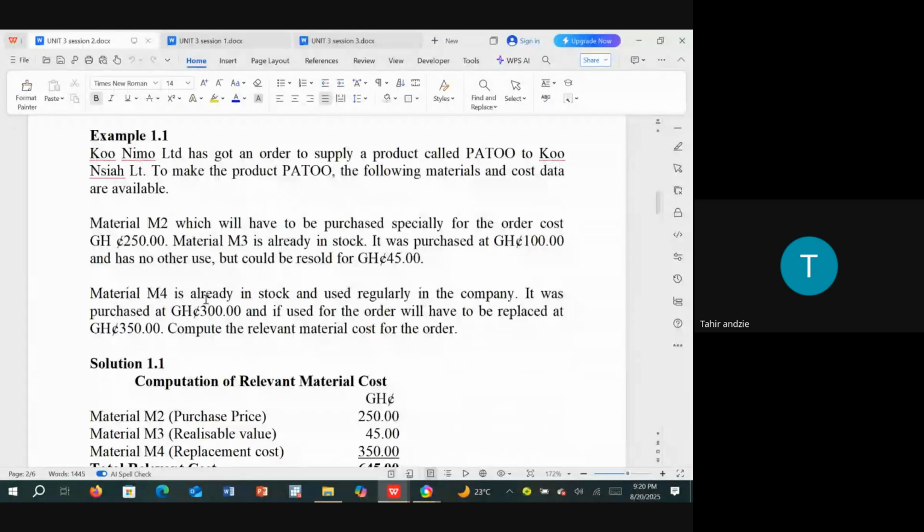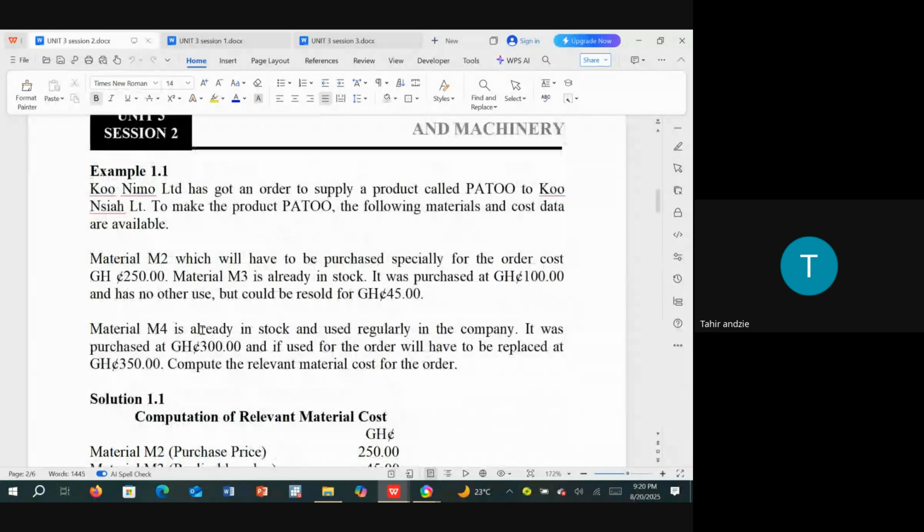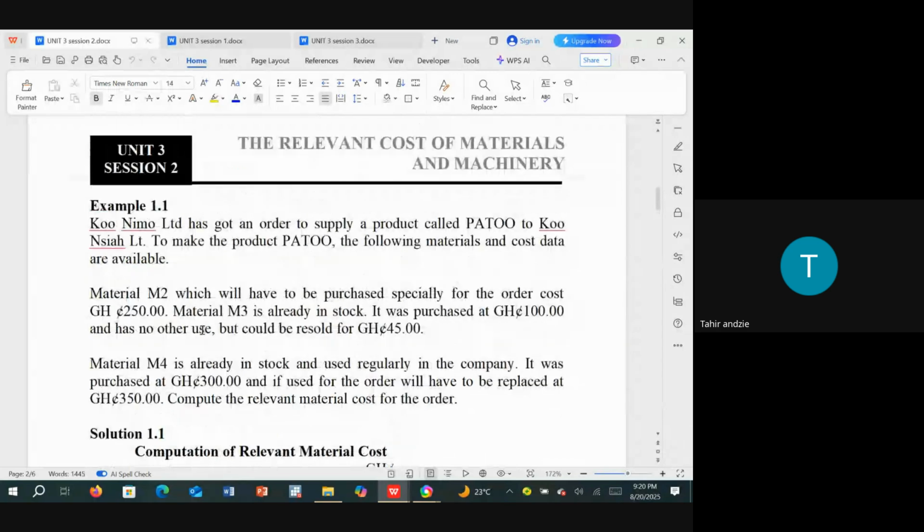Material M4 is already in stock and used regularly in the company. It was purchased at 300 cedis, and if used for the order, will have to be replaced at 350. Compute the relevant cost of the material.